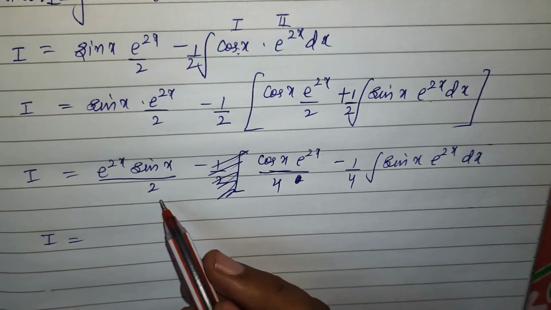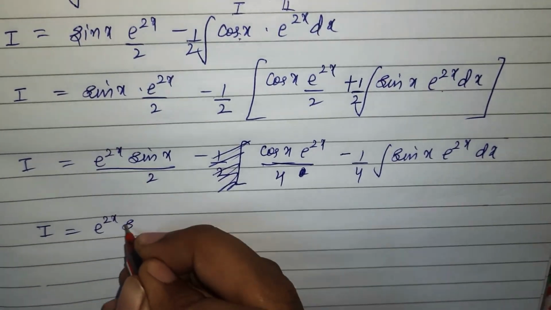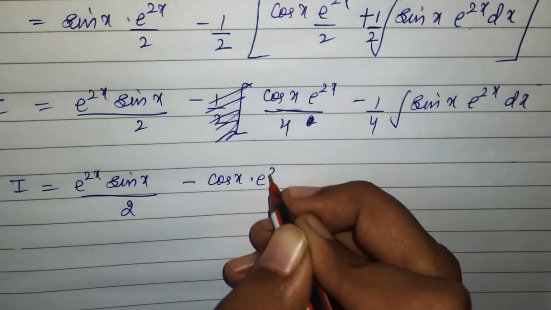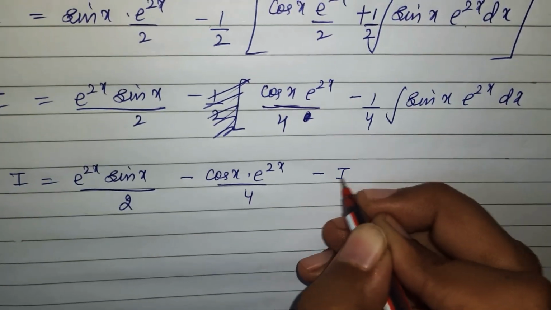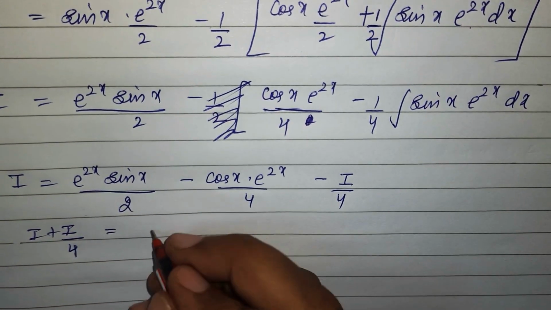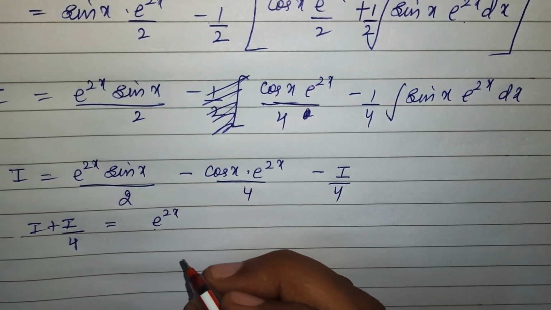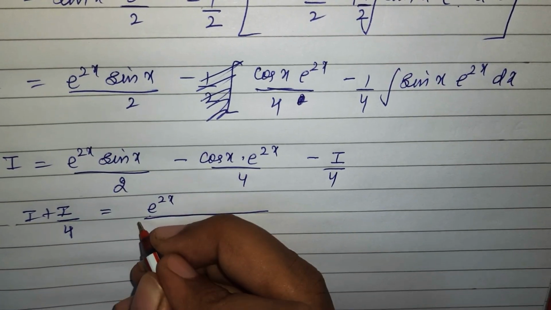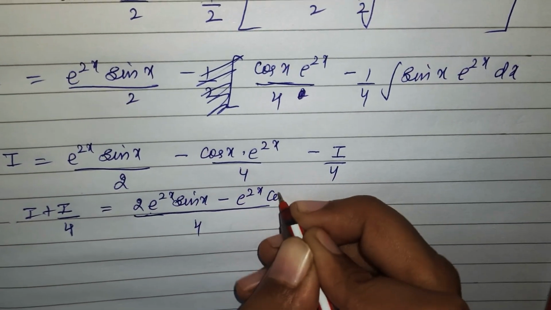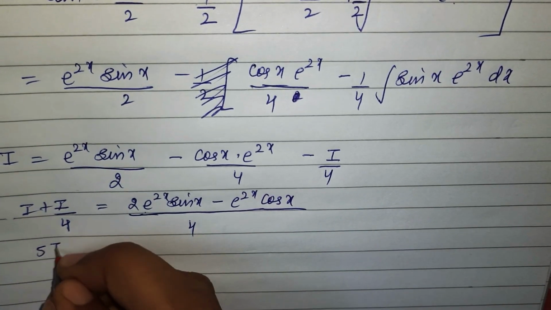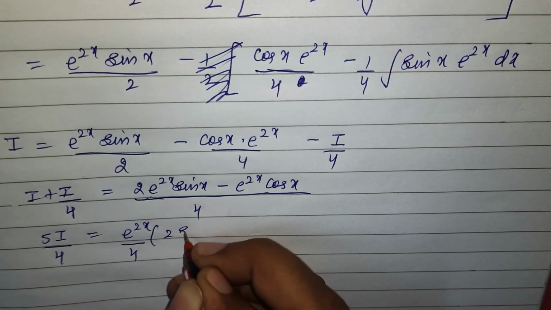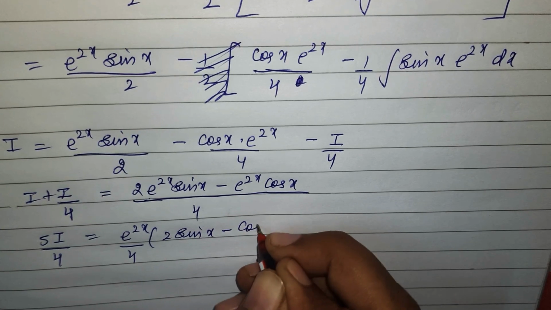So I equals e raised to the power 2x sin x by 2 minus cos x e raised to the power 2x by 4 minus I by 4. So I plus I by 4, taking e raised to the power 2x common and taking the LCM, I'm getting 5I by 4 equals e raised to the power 2x times 2 sin x minus cos x.